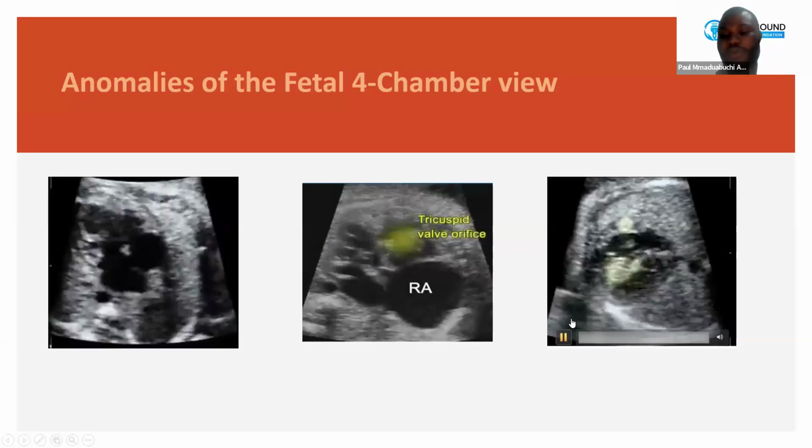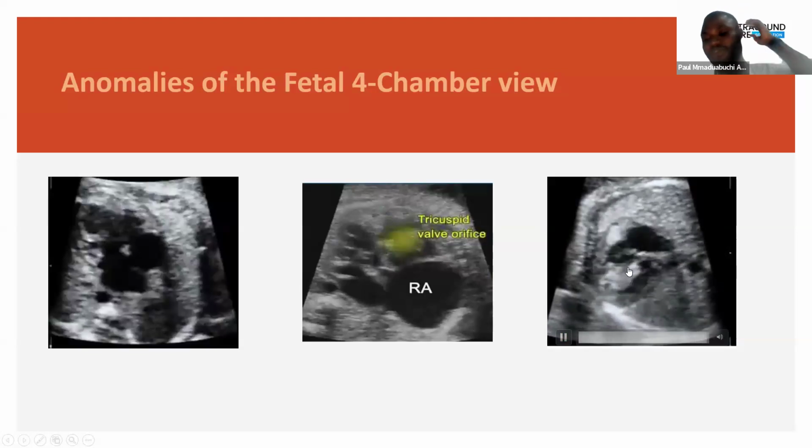So in this case, we have a mass being formed in the heart, so you can be able to assess cases of masses in the heart.